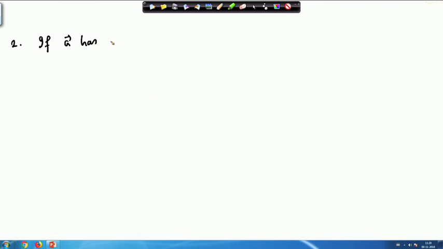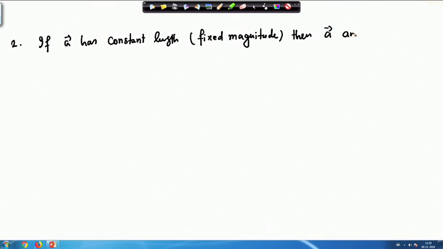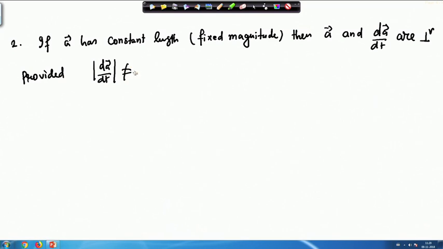If a has constant length, or fixed magnitude, then vector a and vector da/dt are perpendicular to each other, provided the magnitude of da/dt is not equal to 0.